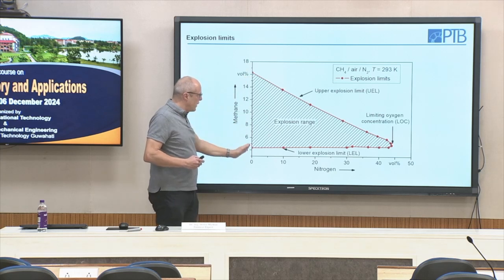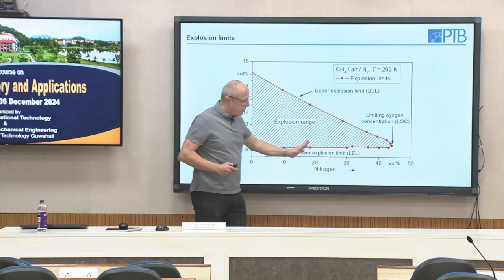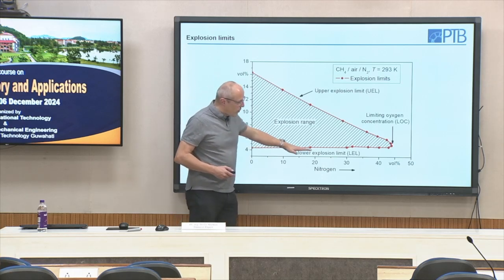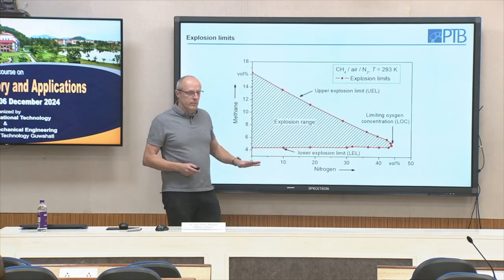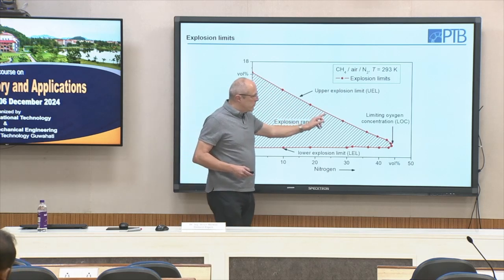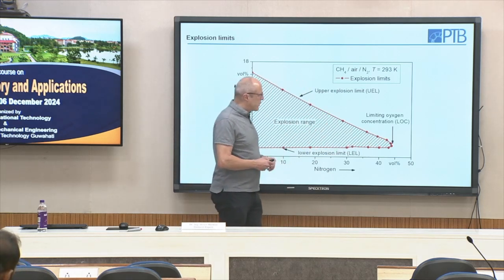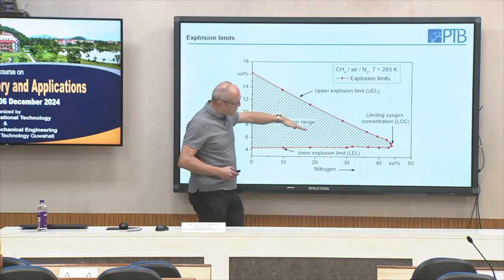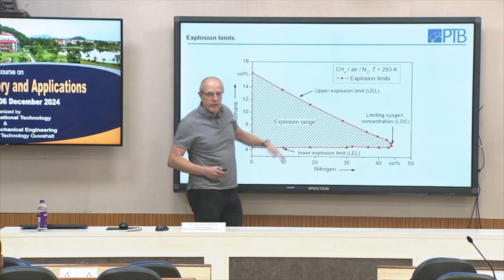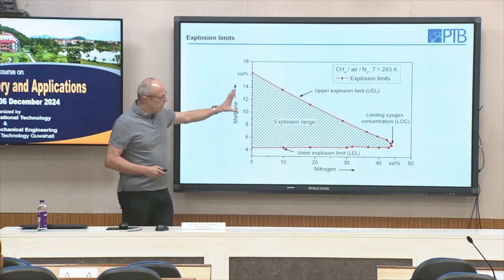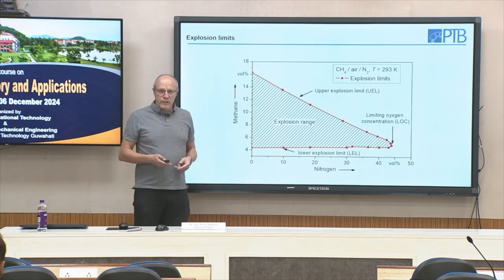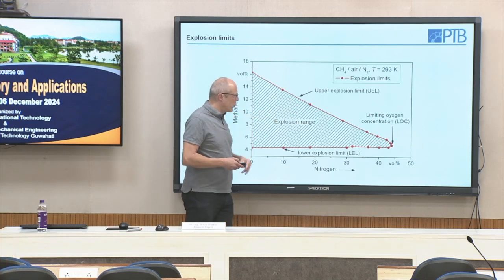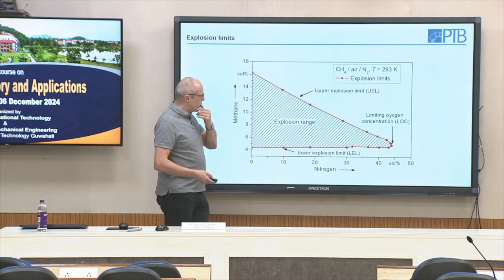These are the values in air, and if we add additional nitrogen to the air, you can see the lower flammability limit is nearly not influenced, but the upper flammability limit is decreasing. Stoichiometry starts at 9.5 and follows around this line. Of course, when we add nitrogen, we add an additional heat sink, and therefore the explosion range gets smaller.